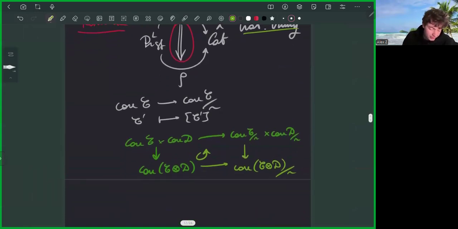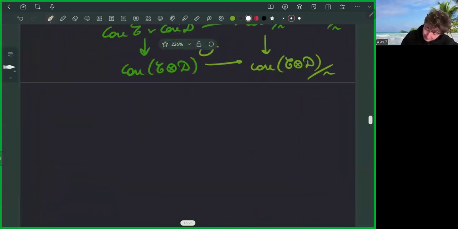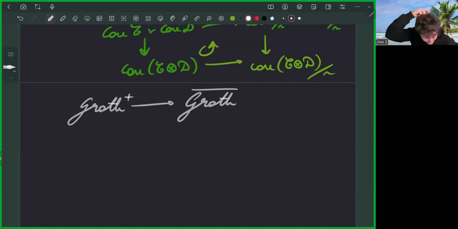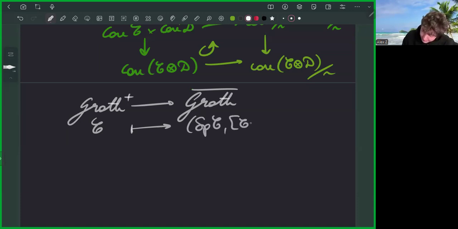And by the above theorem, or by this straightening magic, this gives us a functor from Groth plus to Groth bar, which maps C to Sp_C and then the equivalence class.